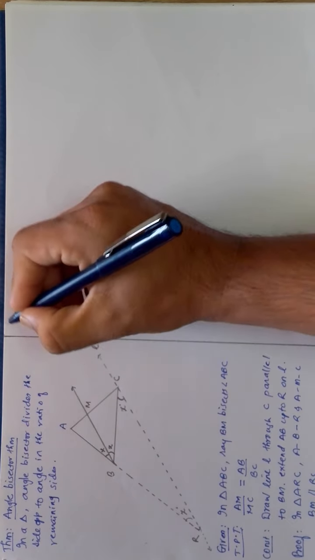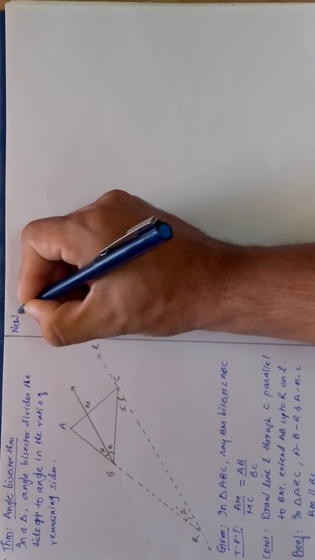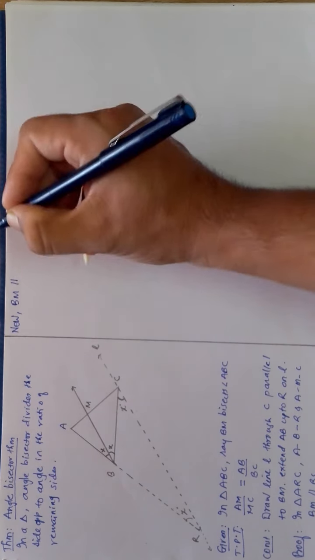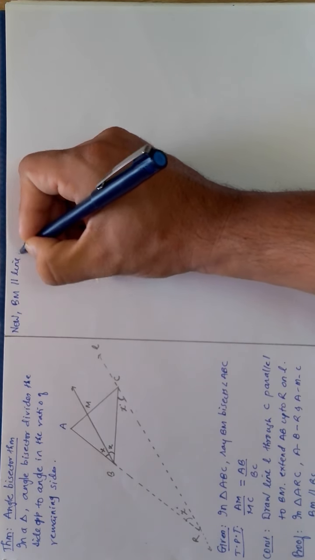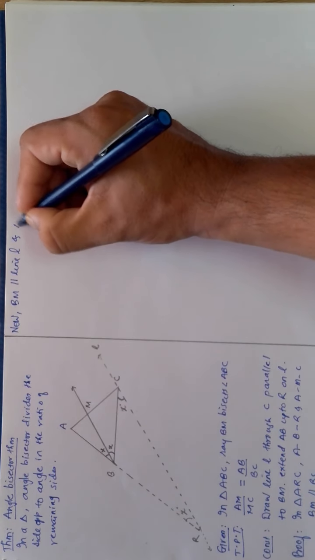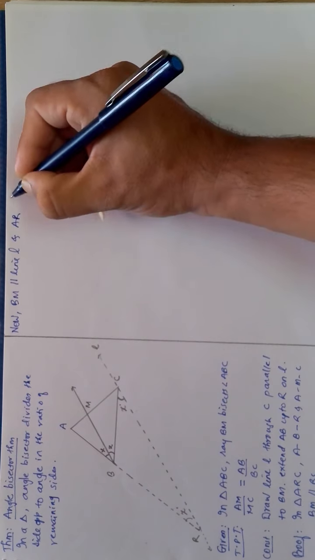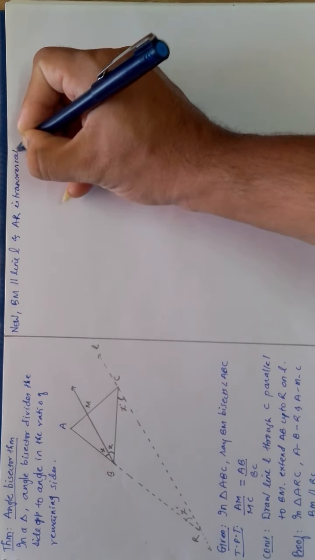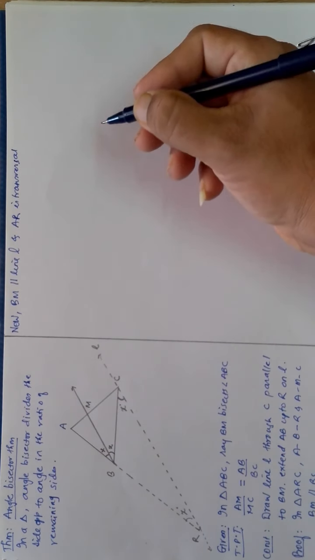So let this be your statement number 2. Right? Okay. Now moving further. You have BM parallel to line L. Agreed? But the transversal now becomes AR. AR is the transversal.